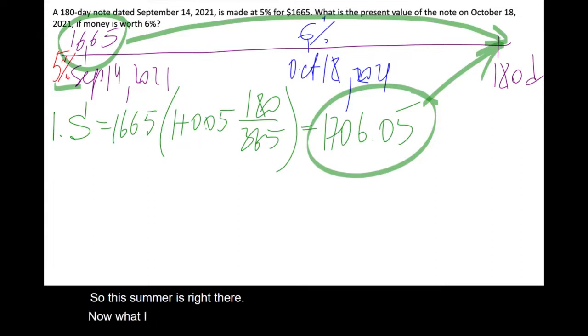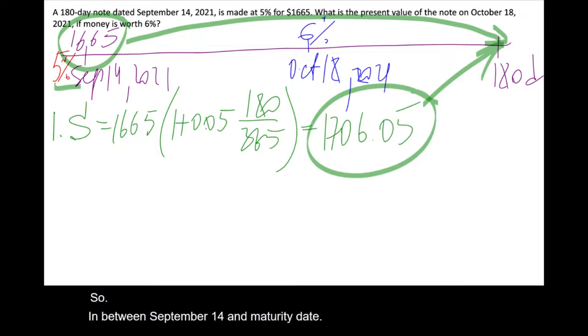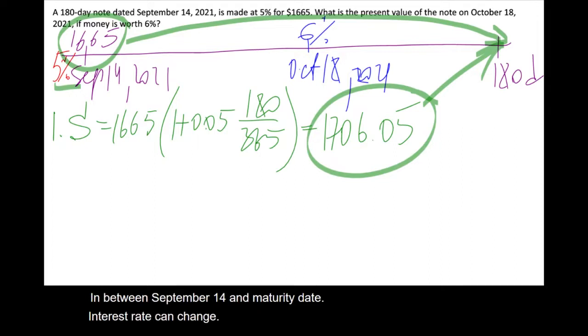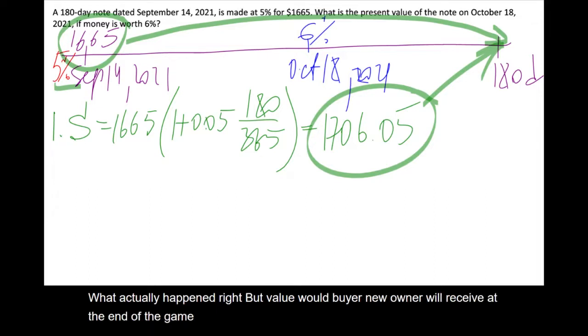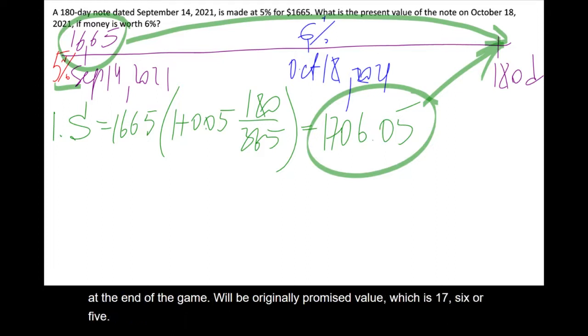Now, look. You want 5% from 1665, right? So in between September 14 and the maturity date, the interest rate can change, what actually happened, right? But the value the buyer, the new owner, will receive at the end will be the originally promised value, which is 1706.05, right?